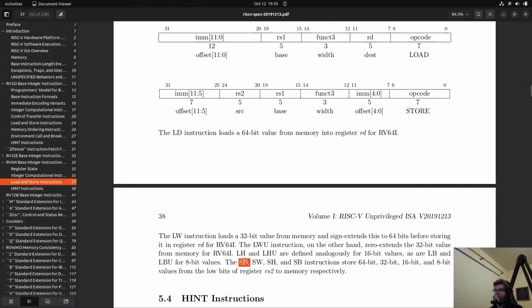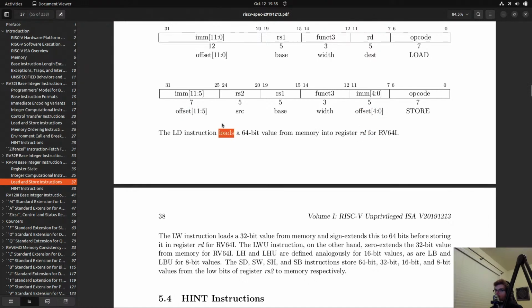Let's say just store double word. We're going to take the value in RS2 and store it in memory at the address specified by the base and this offset.